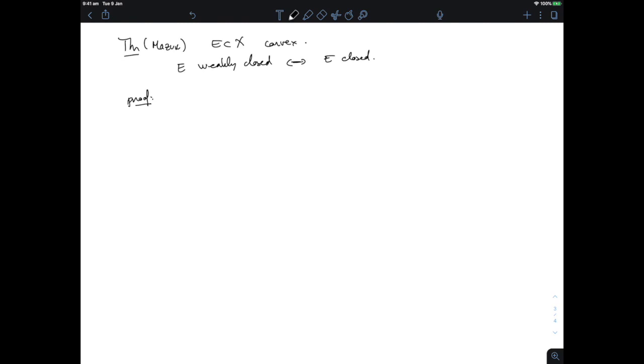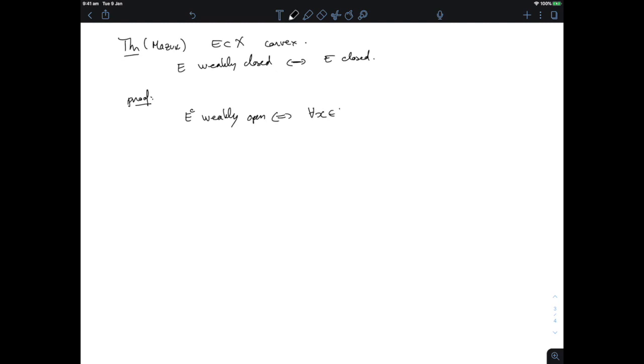So let's start with one direction. Let's assume that E is weakly closed, that is to say that its complement is weakly open, and then I have to show that the complement is actually open in the sense of the topology of the norm. Now, what does it mean to be weakly open?